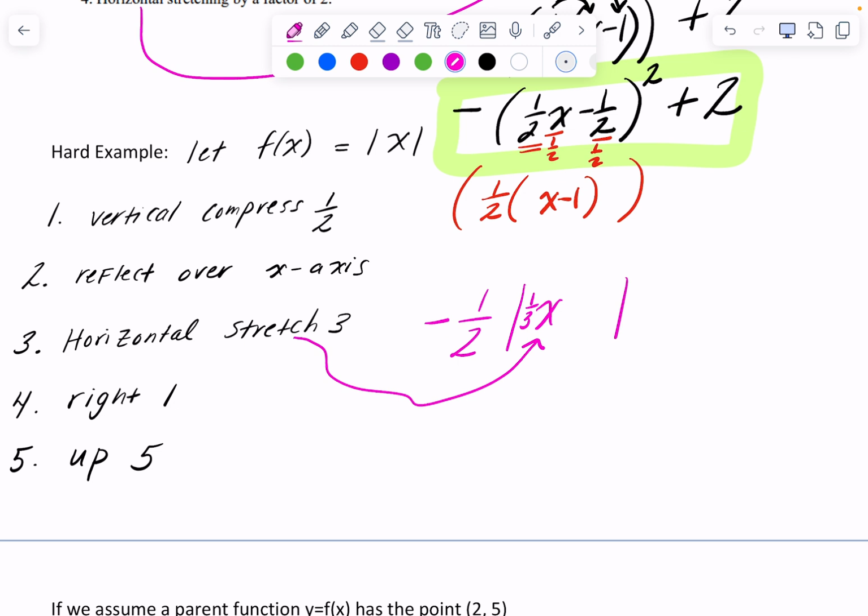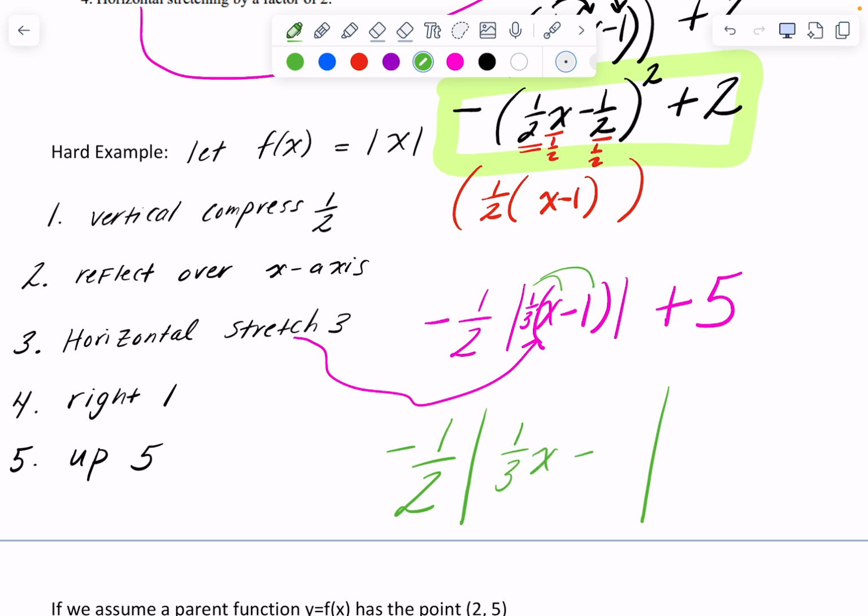Oh, well then I got to use parentheses. Right 1. So it's just left and right, we do opposite. So won't it be minus 1? Like that. And then up 5. So our final answer would be negative 1/2. The straight lines are the absolute values. I'm going to distribute a third in. 1/3 x minus 1/3 plus 5.